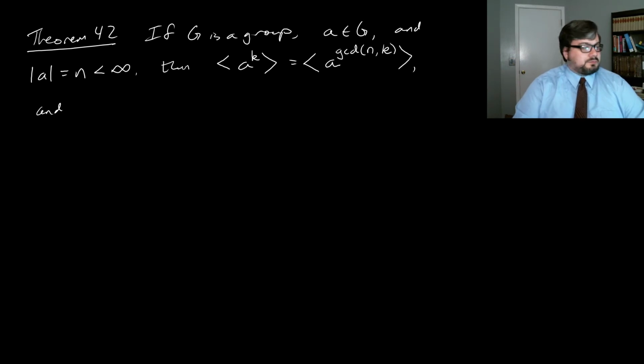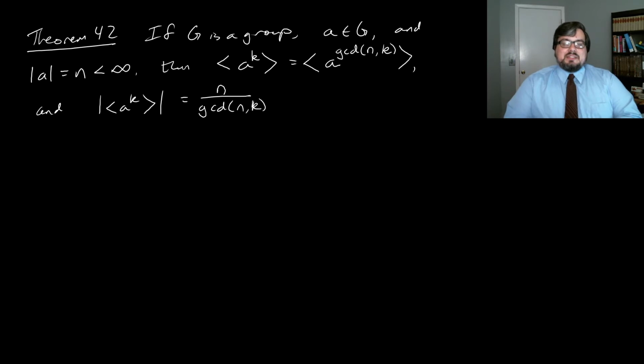And the order of the cyclic subgroup generated by a to the k is going to be equal to n divided by the greatest common divisor of n and k.